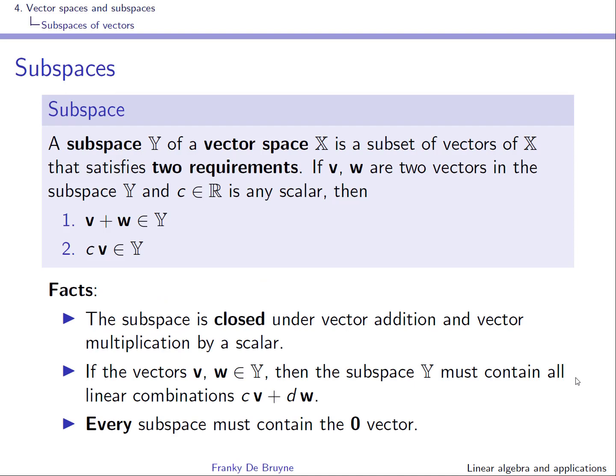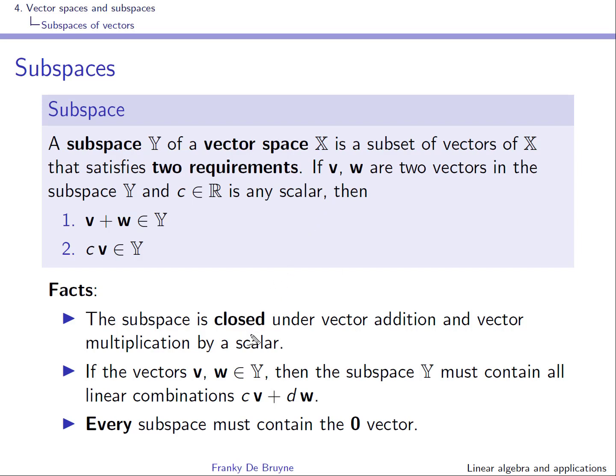Well, we have previously defined the notion of a vector space. It's a set with two operations, addition and multiplication by a scalar. A subspace Y of a vector space X is a subset of X, in which if you do addition and multiplication by a scalar on any two vectors in this subset Y, using any scalar c in R, you remain in the subset.